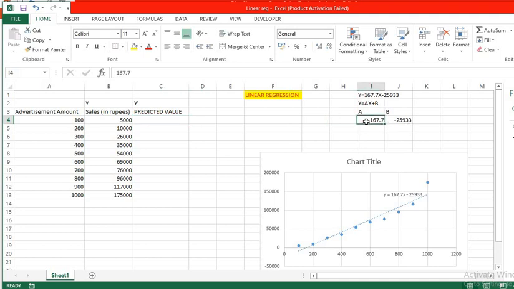Now the a value is in I4 and the b value is in J4.